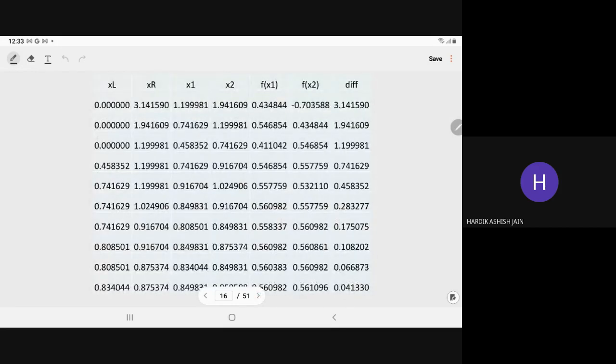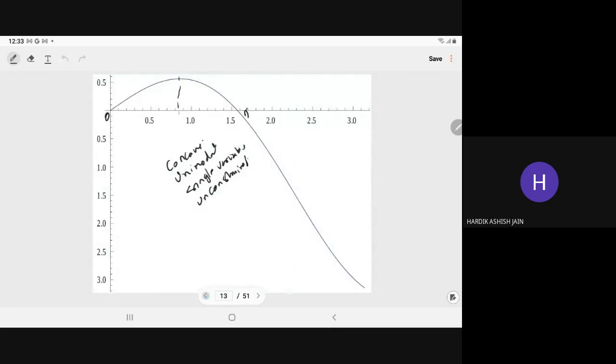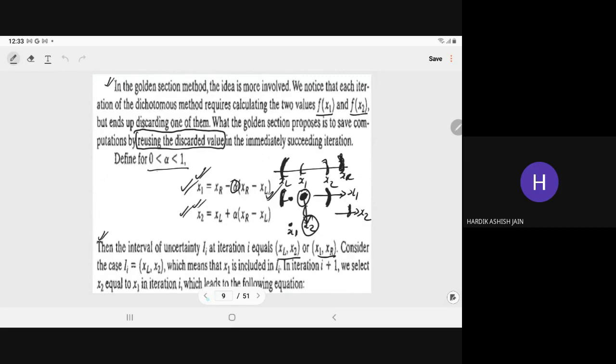Now, if you solve the same question by the golden section method, this is the XL, this is the XR. What is the formula for the golden section method to compute x1 and x2?